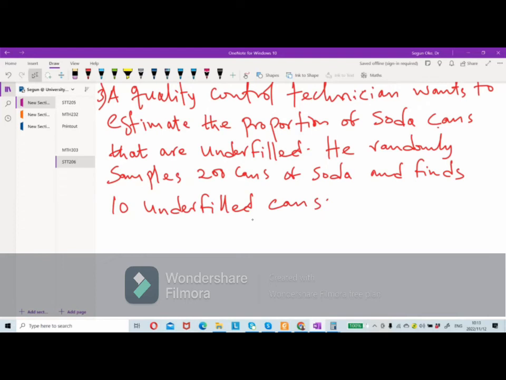So in solving this problem, what is our N in this case?